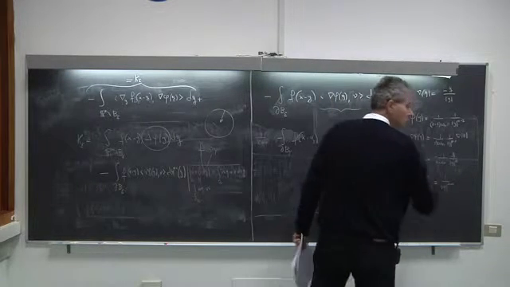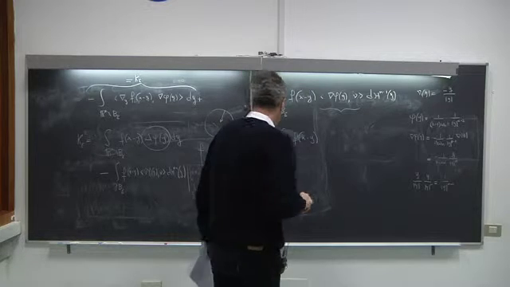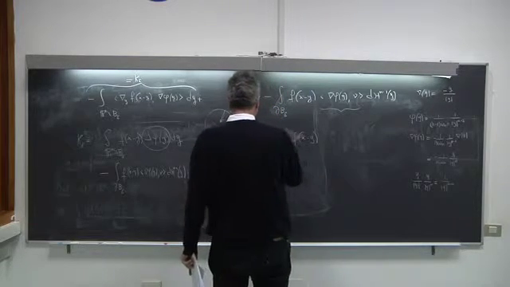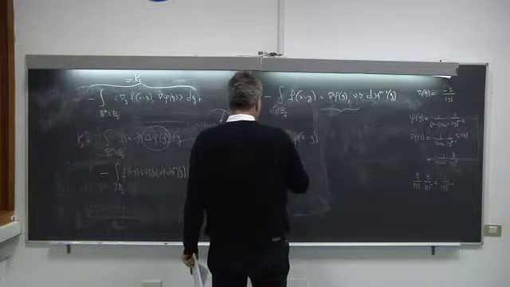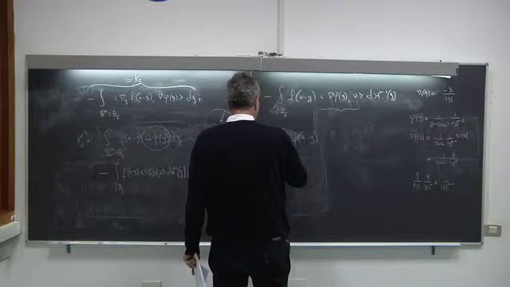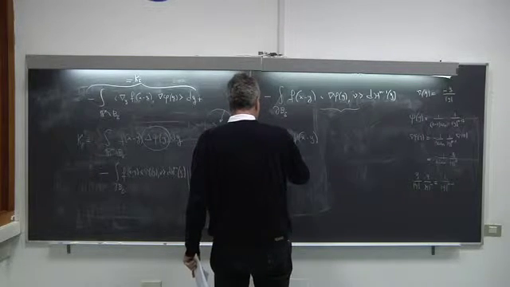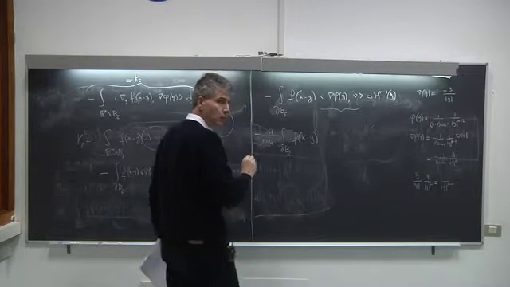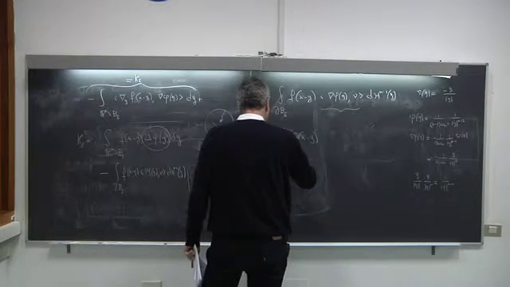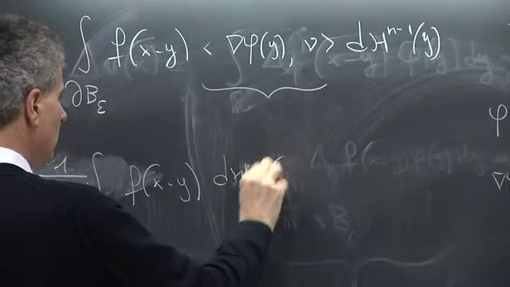But y is epsilon, because I am on the boundary of the ball. Therefore, it seems to me that this is equal at the end to minus 1 over n omega n epsilon to the n minus 1 dHn minus 1 y.